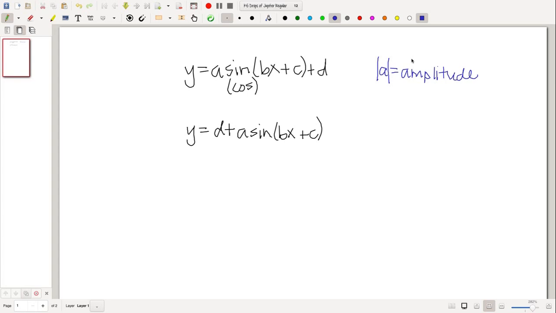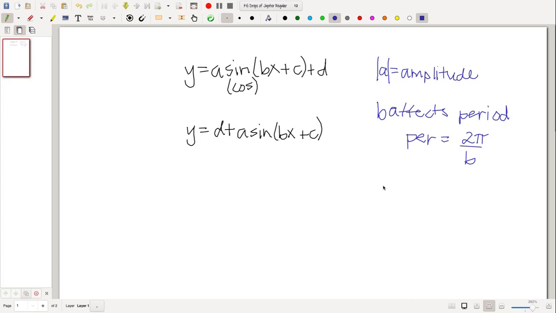We also introduced b last week. And remember, b affects your period. Your period is equal to 2 pi divided by b. So that period will continue to change. Now, I'm going to jump to d, and then we're going to come back and talk about the c part.